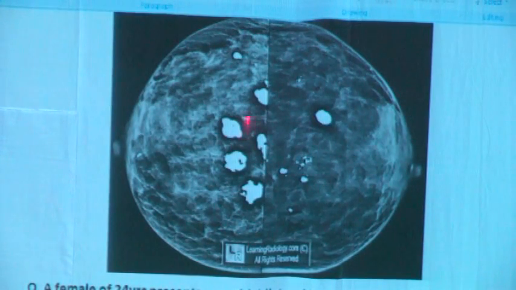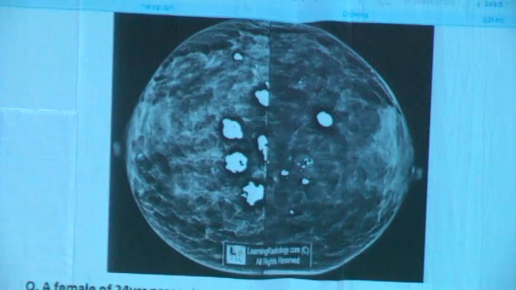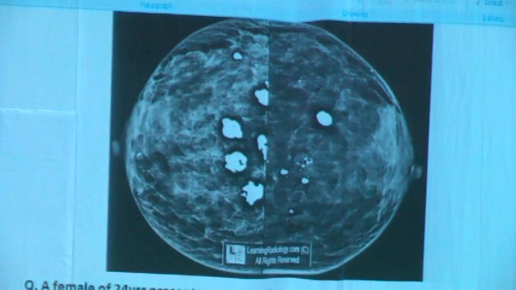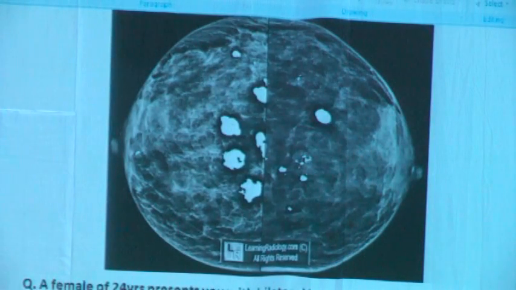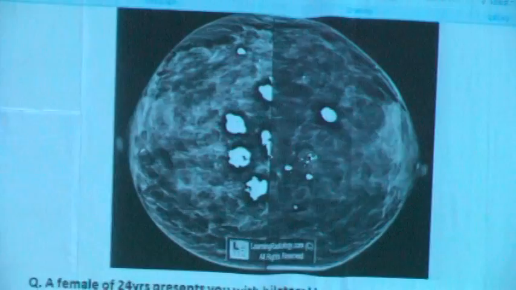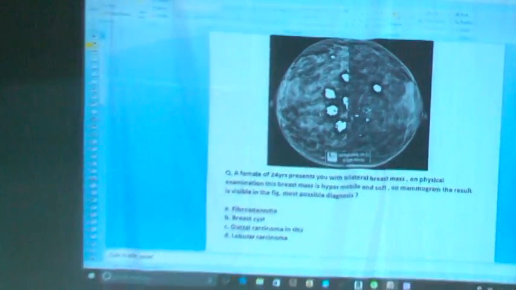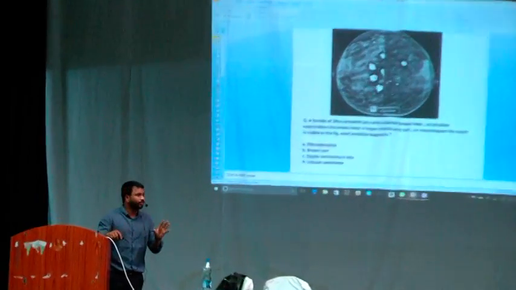Followed by that, you can see a peculiar shape of the calcification. Is it micro or macro calcification? What is the size differentiation? How do you know it is micro? How do you know it is macro? Those who have attended my class recently, which I took in Hyderabad, I've told you the size demarcation for micro calcification and macro calcification on a mammogram.